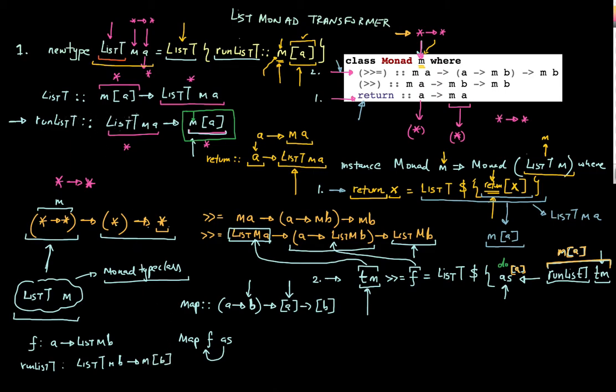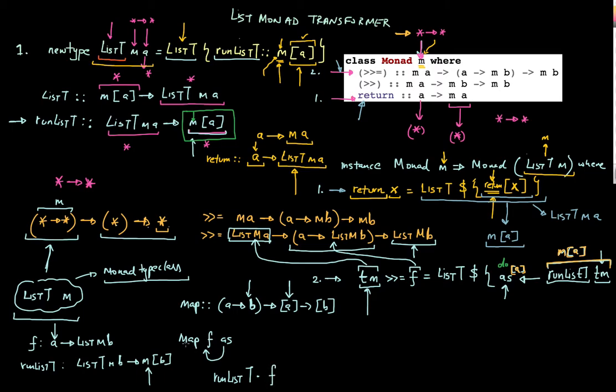I'm just rewriting this type signature for run list t. If I do a function composition between the two, that is, if I pass in some value of type a and I get back some value of type m of b, this is as good as saying run list t composed with f.